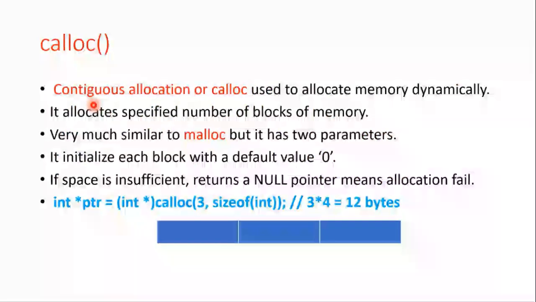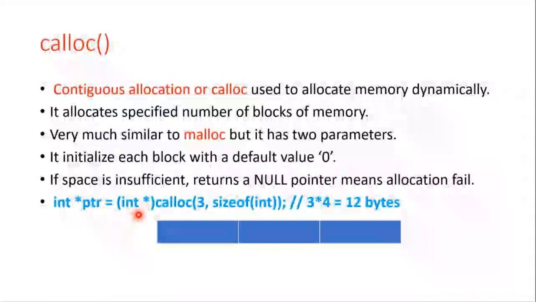Calloc is an acronym of contiguous allocation, used to allocate memory dynamically. It allocates a specified number of blocks of memory, very similar to malloc. But in malloc we pass only one parameter, while in calloc we pass two parameters: size and size of data type.